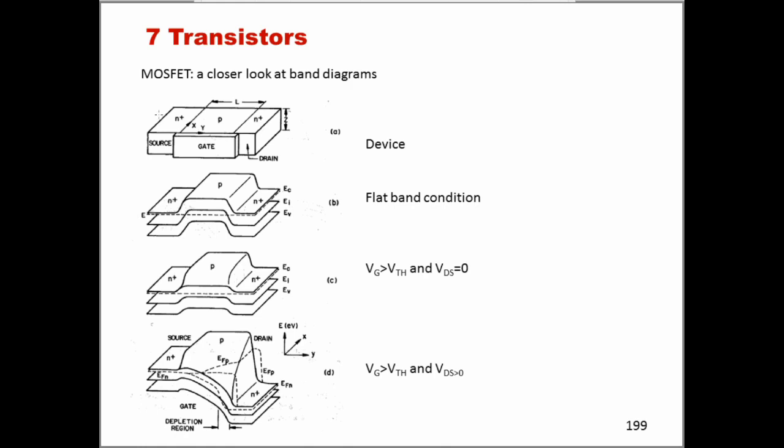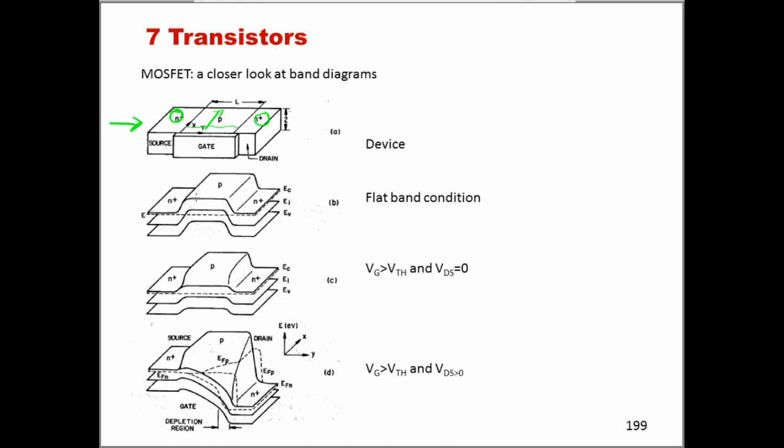So let us imagine that we have our MOSFET device, shown here in a cross-section. So we are looking at our device from the gate effectively, and we look into the depth of the silicon now. So we have our source, our drain, and our channel effectively here, and the gate stack on top.